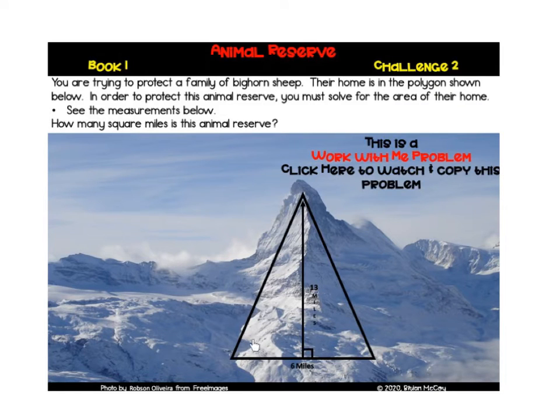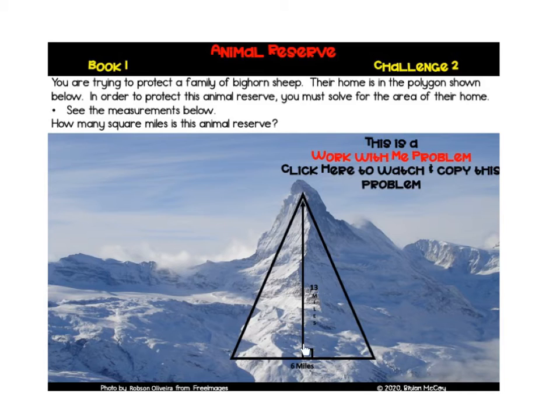So what you need to do here is take a look at this triangular shape. The very first thing I'd like you to do is copy this triangle on your piece of paper. You should have the base here as 6 miles. These two lines, we don't know how long they are, but it doesn't matter, because when you're solving for the area of a triangle, you don't use these lines because they're at an angle.